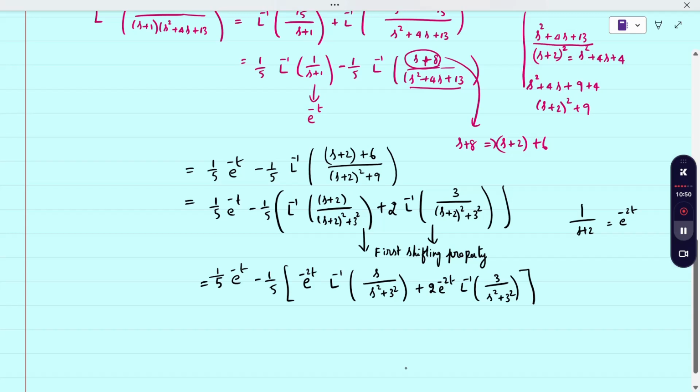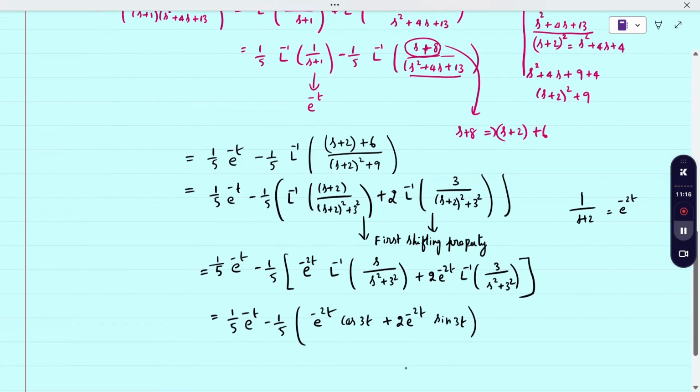Now write the formula. So 1 by 5 e to the power minus t minus 1 by 5 e to the power minus 2t. What is s divided by s squared plus a squared? The cos formula, with no minus symbol, so cos 3t. Plus 2 into e to the power minus 2t, and since this is the constant term, sin 3t.